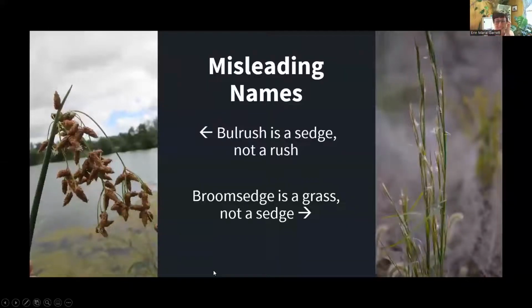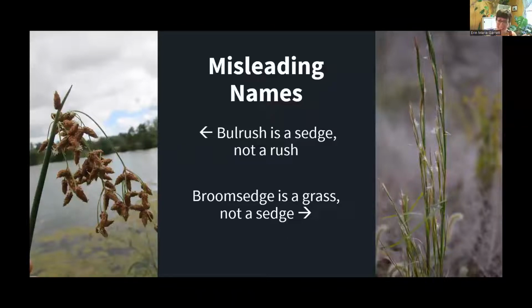Okay, and then just a few examples of misleading names. Again, to stay with the grass theme, if you're not familiar, there are 3 groups of grass-like plants. They're called grasses, sedges, and rushes. At first glance, they may look similar, but they are quite distinct. But sometimes the way that we name the plants is not helpful at all.